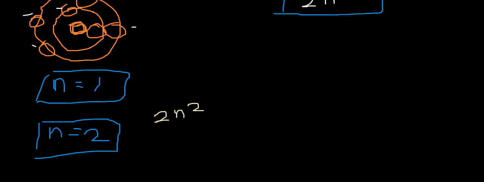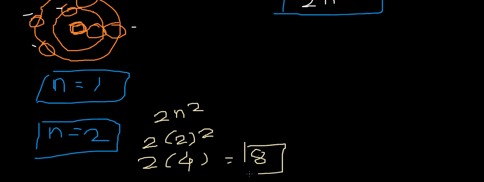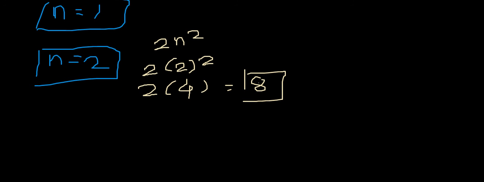So n is equal to 2, so 2 multiplied by 2 square, which is 2 multiplied by 4, which is equal to 8. So a maximum of 8 electrons can be held by the second orbit.